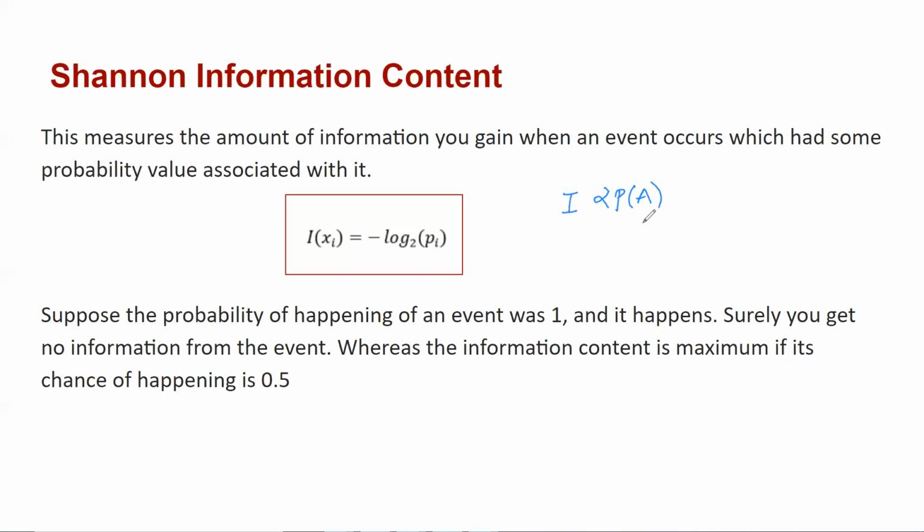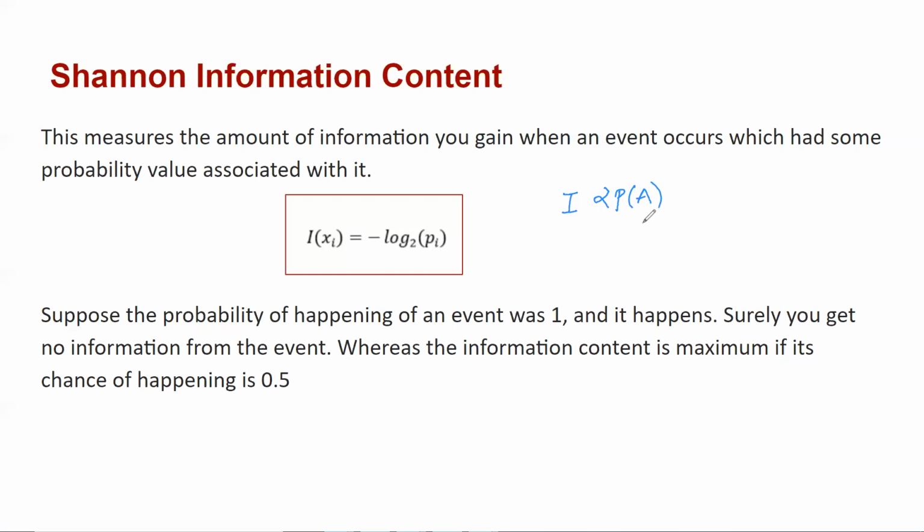Are you able to build an intuition? Let me give another example. If I perform an experiment, if I toss a coin, and then I say that the probability of getting head is 0.5, then the information content of this claim is very low, because we know that the probability of getting head when we toss a coin is 0.5.